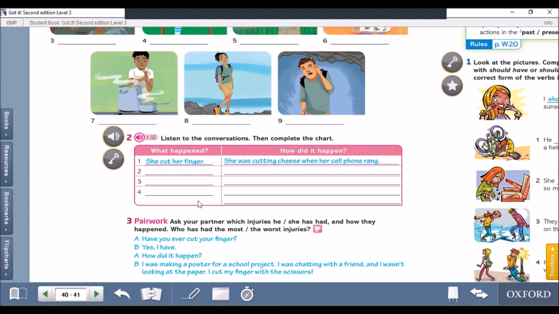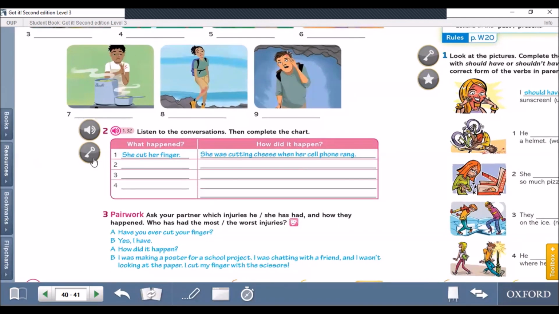You have to complete this table with what happened, what accident or injury. For example, she cut her finger. And then how did it happen? What are the circumstances for the accident? So, for example, how she was cutting cheese when her cell phone rang. Okay? Now listen with attention.